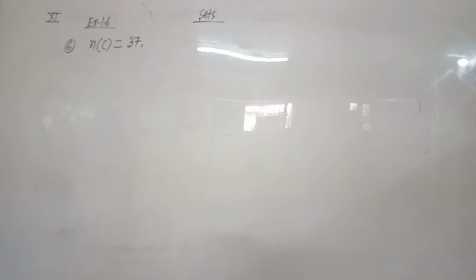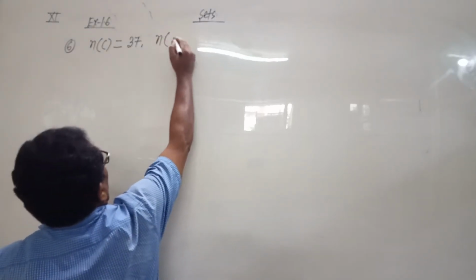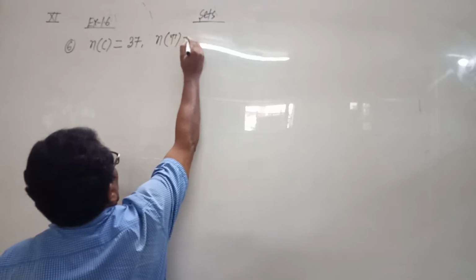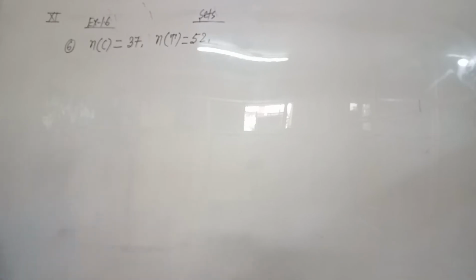And 52 like tea. The number of people who like tea is 52. And each person likes at least one of the two drinks. So how many people like both coffee and tea?